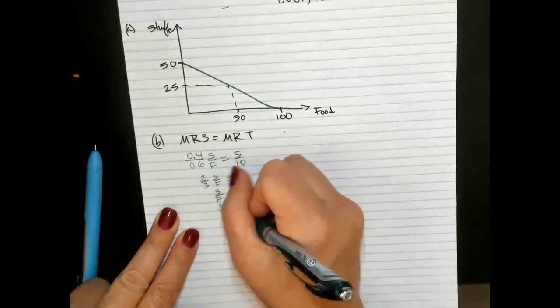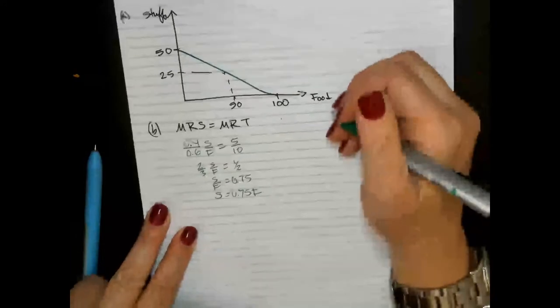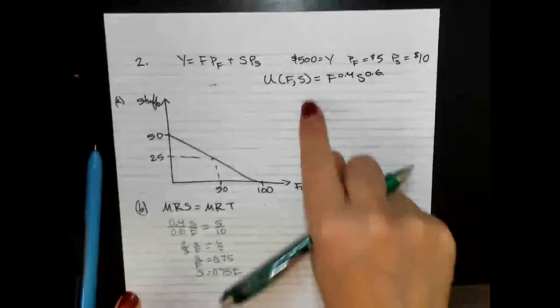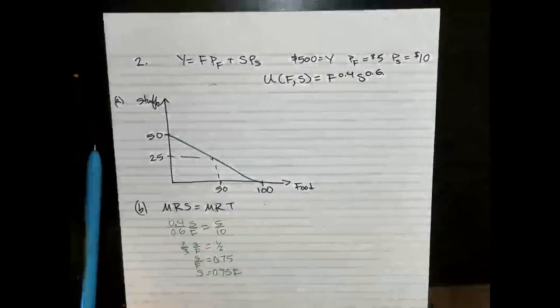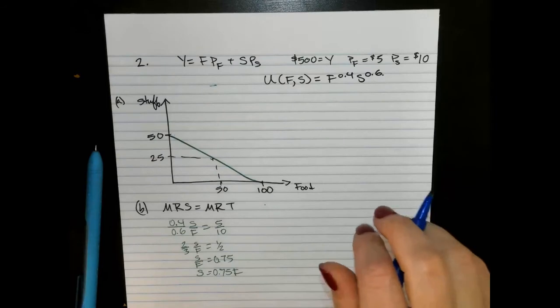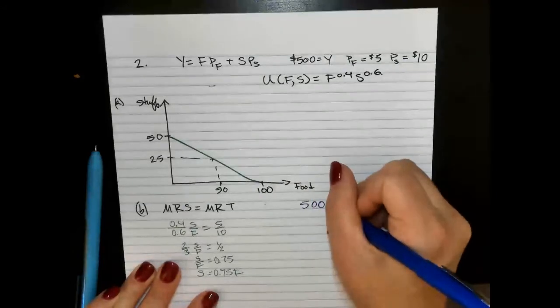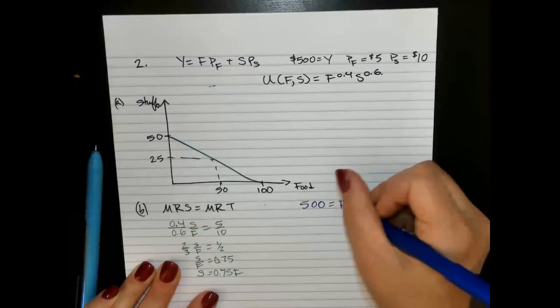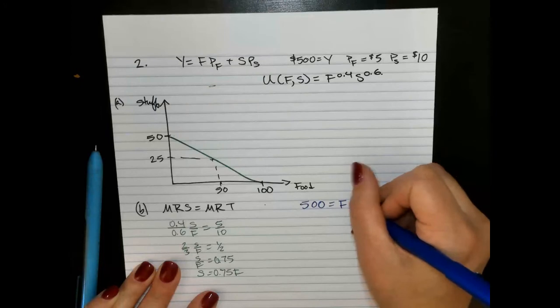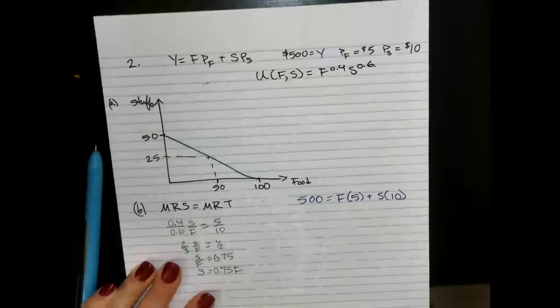S equals 0.75 F. Here's the other thing we can do. If we take our budget constraint and solve for F in terms of S, so we have 500 equals F times $5 plus S times $10.